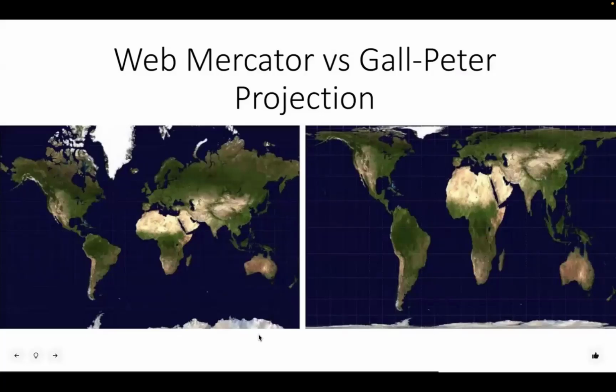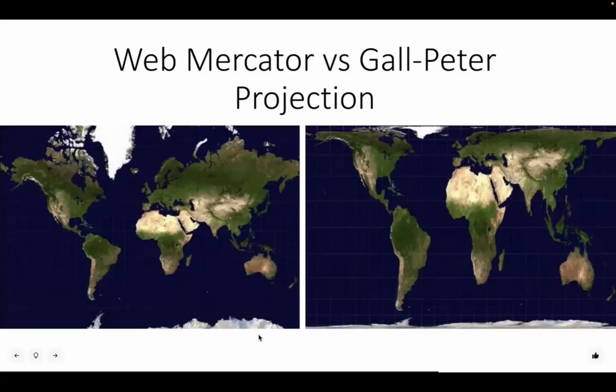And this tends to preserve angles and shapes, which is useful for navigation. However, it distorts areas, making regions near the poles, like Canada, Russia, Greenland, appear much larger than they actually are.